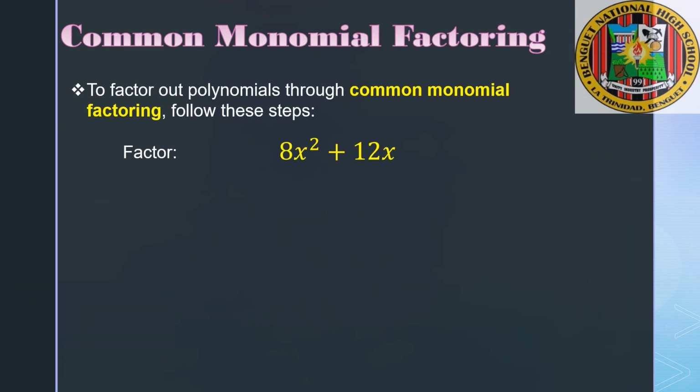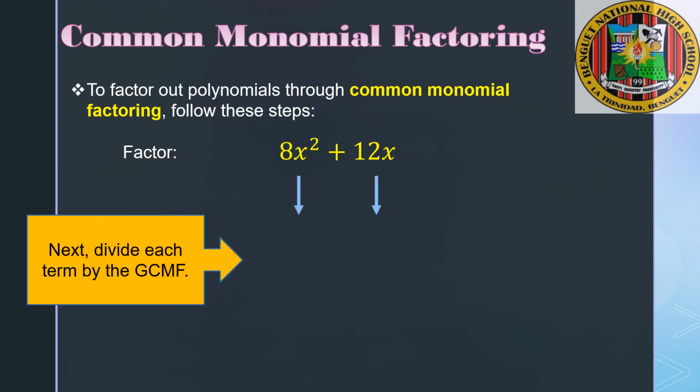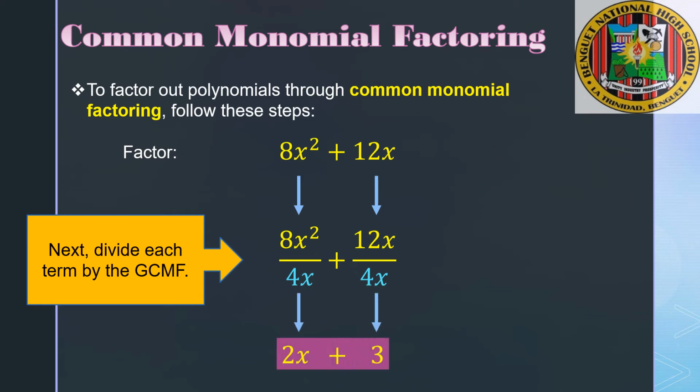After solving for the GCMF, the next step is to divide each term using this GCMF in order to get the second factor. As we previously said, if we do this, we should be able to divide each term without any remainders. You may have to review how to divide monomials as well, but if you do the operation right, the resulting binomial is 2x plus 3.